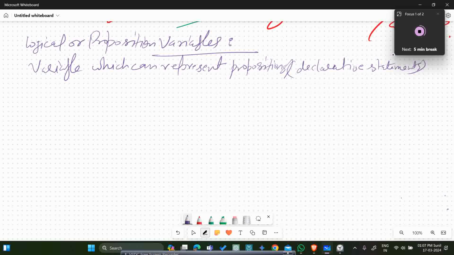Then these we can say are proposition variables. So let's say p is a variable. Then what is p representing?